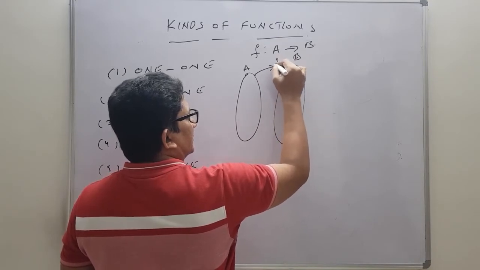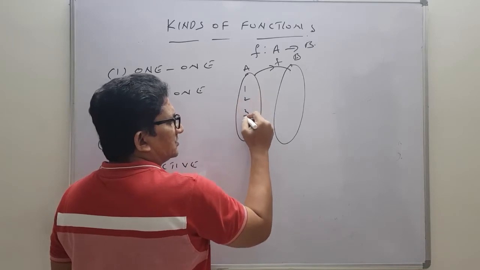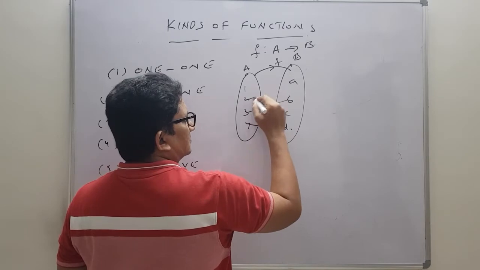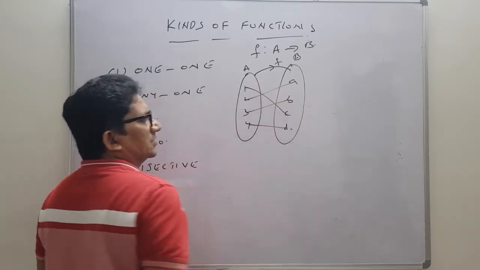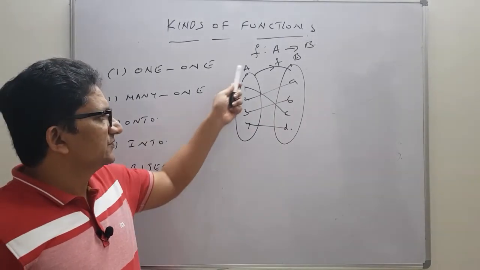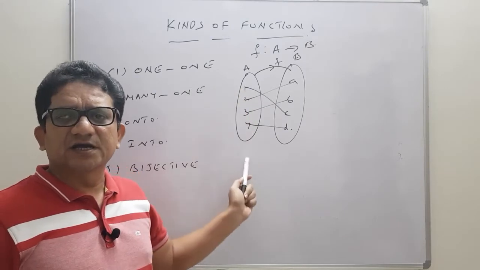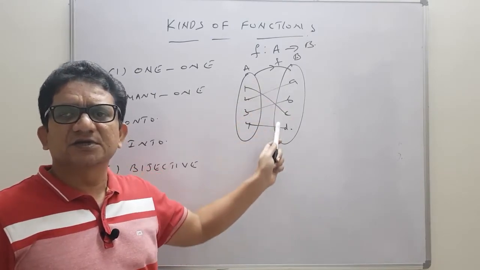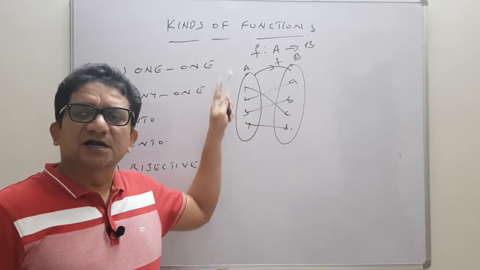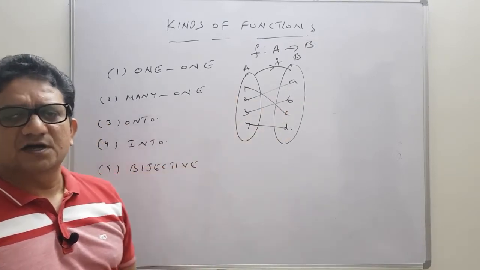So if f is a function from A to B, or we can say it maps from A to B, and you have some elements here like this, we can call this one a one-to-one function. Here students will revise: the set of the elements in A is called the domain, and the set of the elements in B is called the codomain of the function.